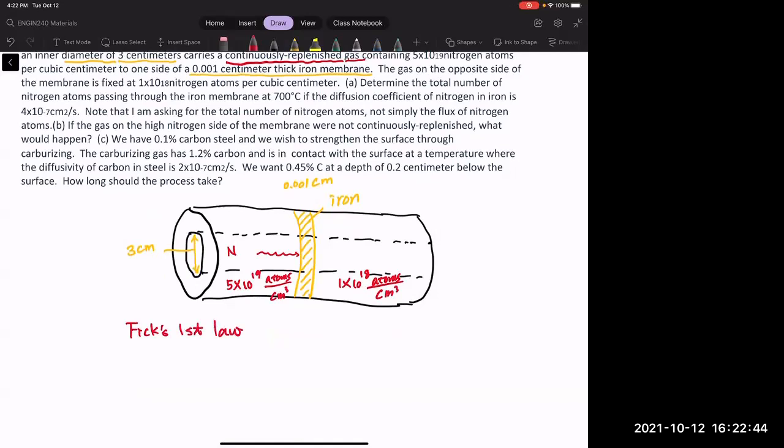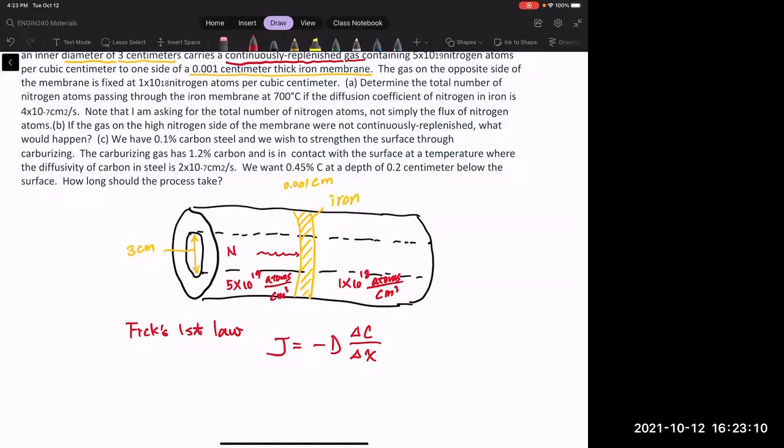gives you the flux is equal to minus D times change of C over change of x. The change of C represents the change of the concentration. The change of x represents how much distance you are allowing the atom to diffuse.